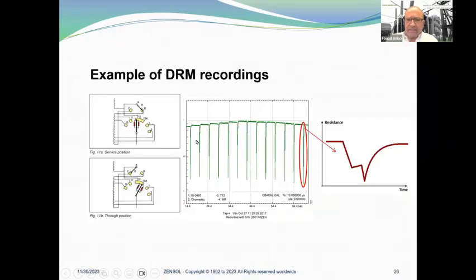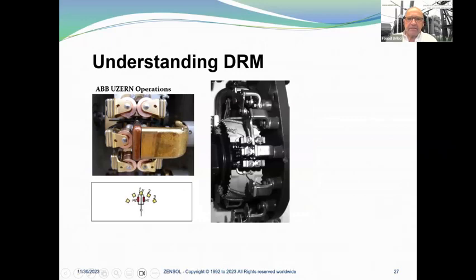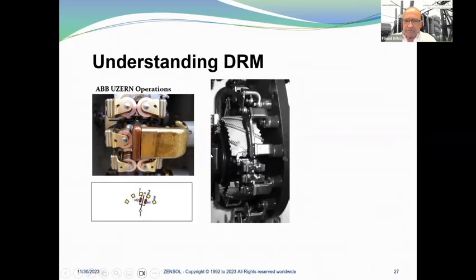So it's an example of a DRM recording, and here it's like a high-speed camera connected on an EBB UZ ERN tap changer, and here you can see how it moves, and for each step we get some impact.